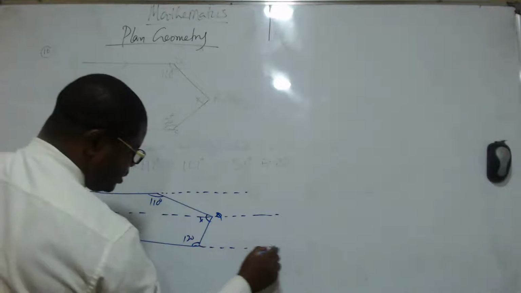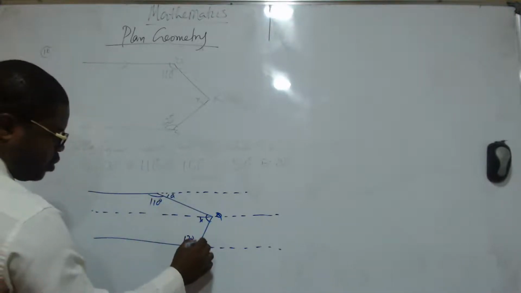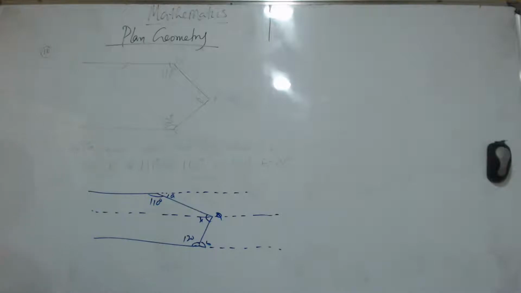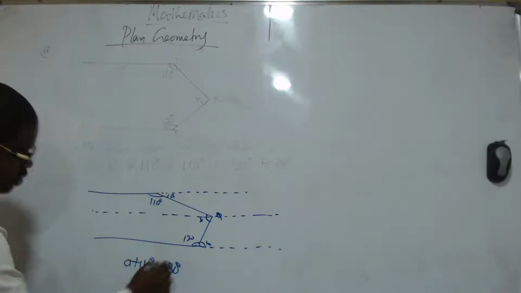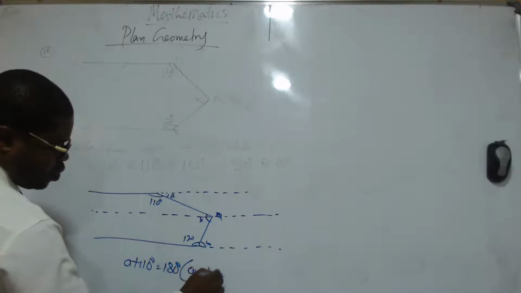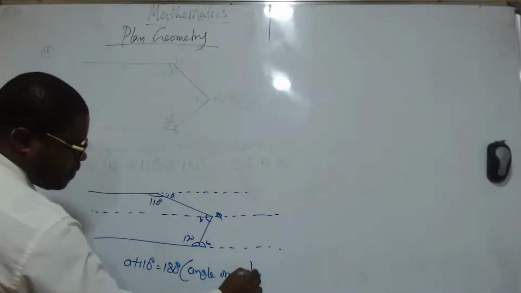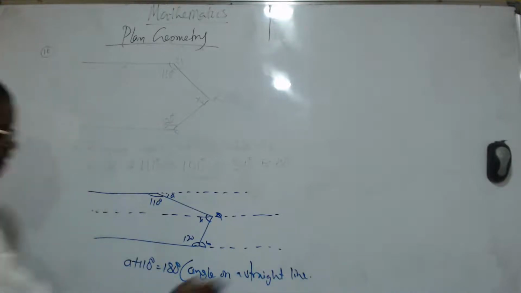Now name this A and this B. So we have A plus 110 equals 180 degrees. Reason: angle on a straight line.